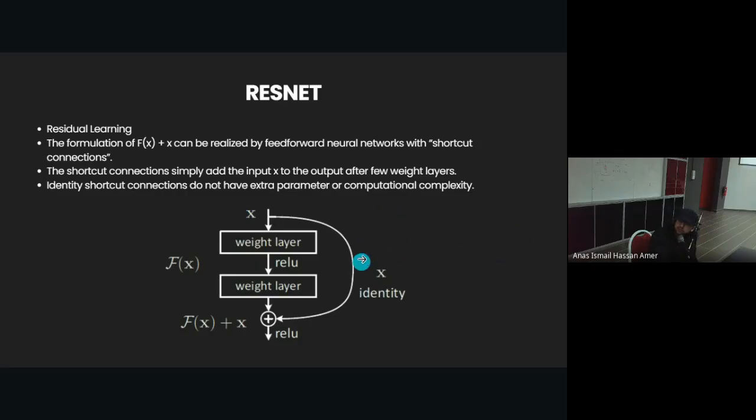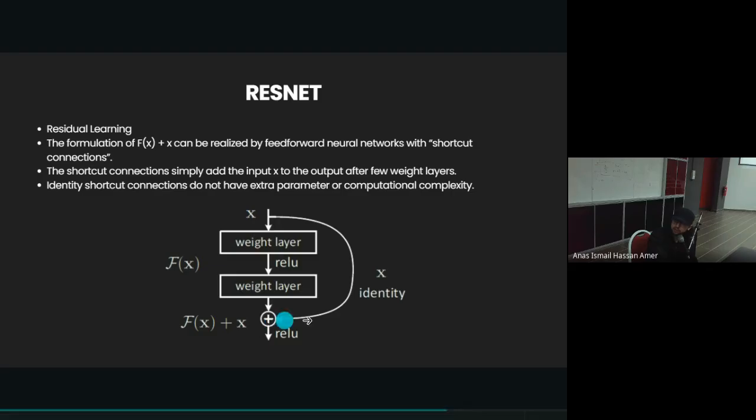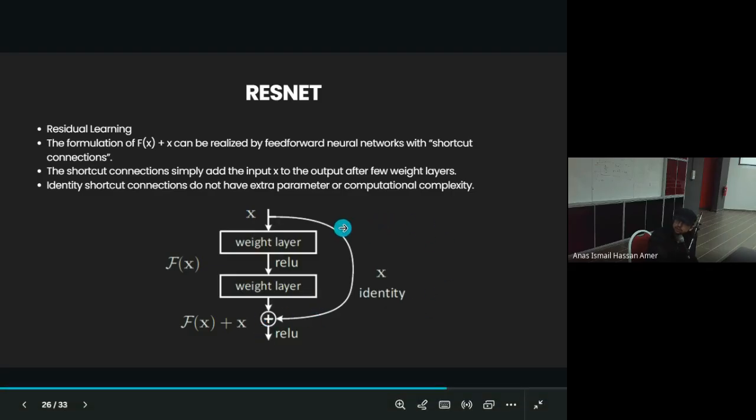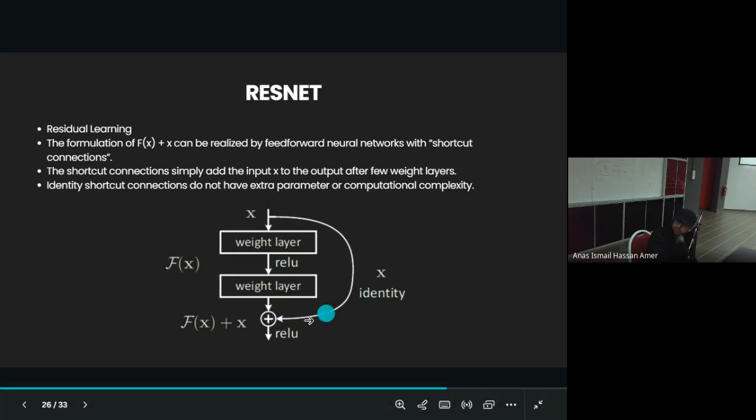So it uses this residual learning. Basically it means that not all inputs are passed in order like this. Some of the inputs are skipped ahead, added to this loop, and then continued. These are called shortcut connections, and they just add the input X to the output after a few weight layers.